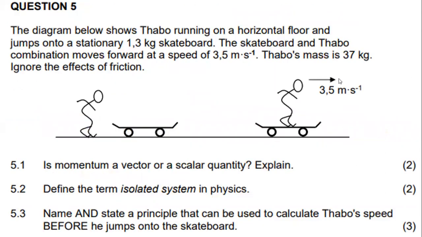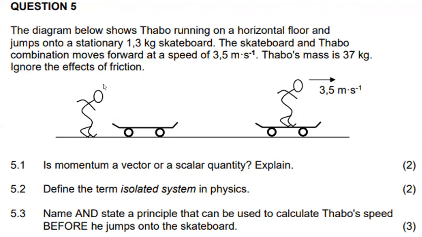Now, let us check. Thabo's mass after the collision is still 37 kilograms. And after the collision, we know the velocity that he was moving with is 3.5. Before the collision, the mass was 37 kilograms, but based on what we calculated, the initial velocity was actually 3,62 meters per second.